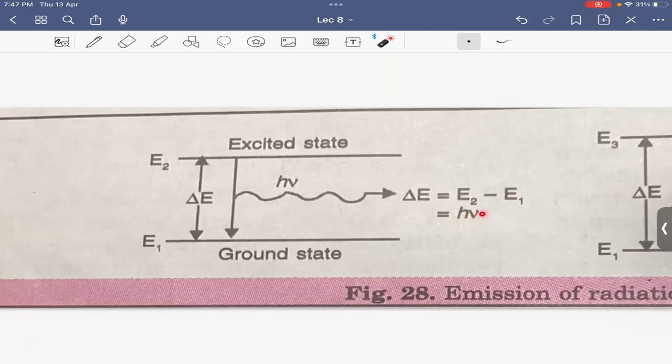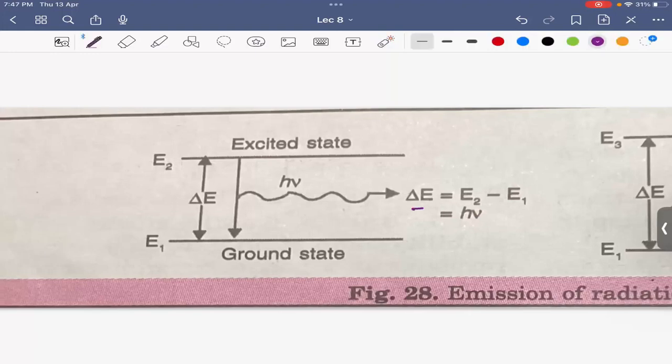Therefore, the frequency of the emitted radiation would be given by nu is equal to E2 minus E1 divided by h.